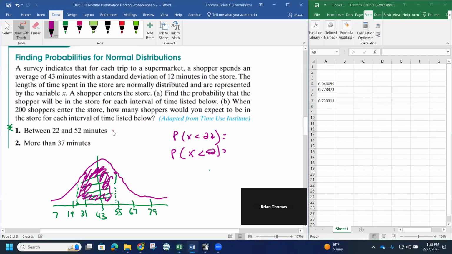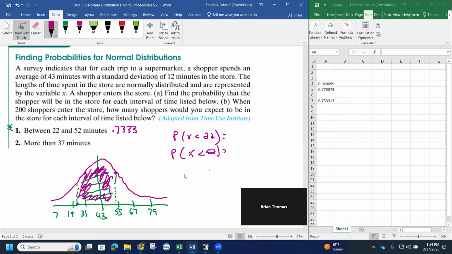So we're looking at 0.7333. Sorry about that, it looks like I was writing down the wrong one. 0.7333 would be the probability of being between 22 and 52 minutes.